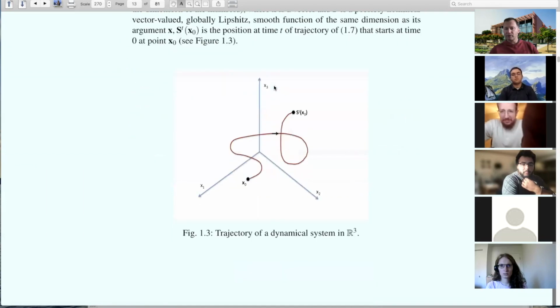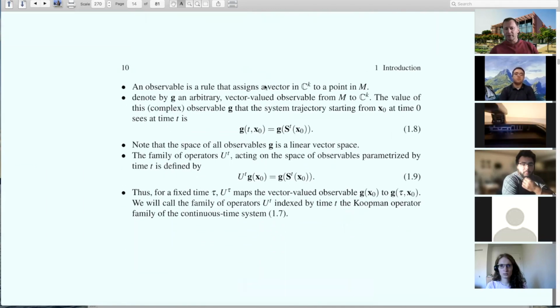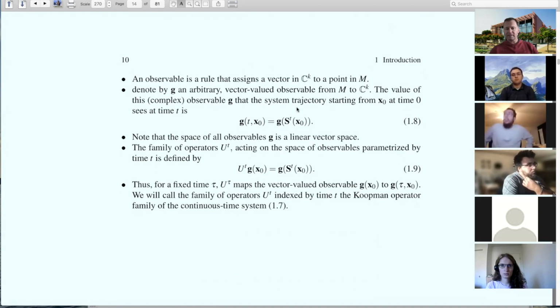And that's the point of view adopted in Koopman operator theory. It's basically saying, let me start with some arbitrary vector valued observables. And maybe from that set, I can extract the ones that are really important. From that perspective, it's a learning exercise.